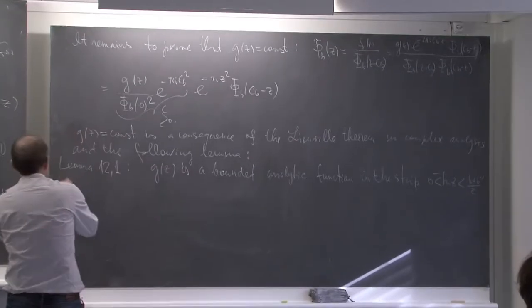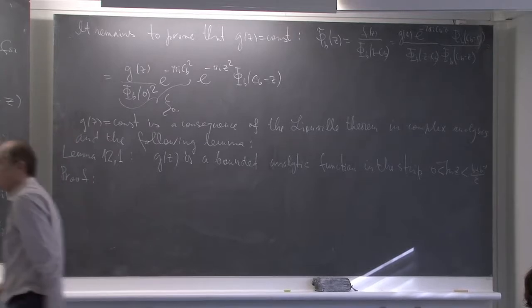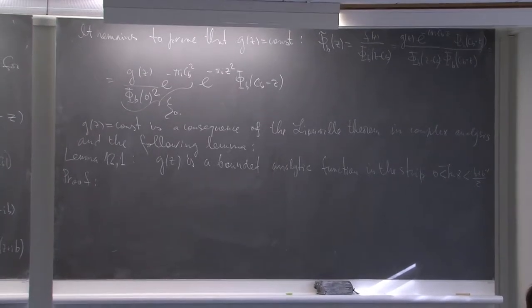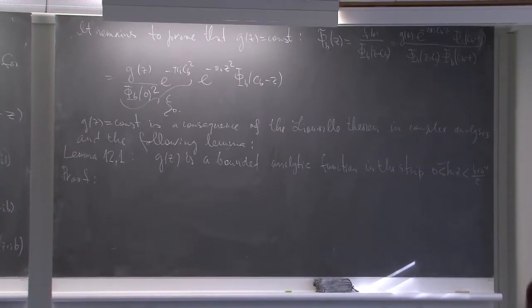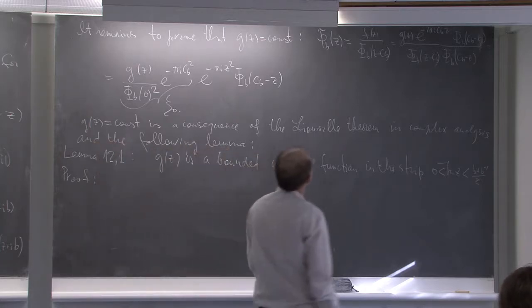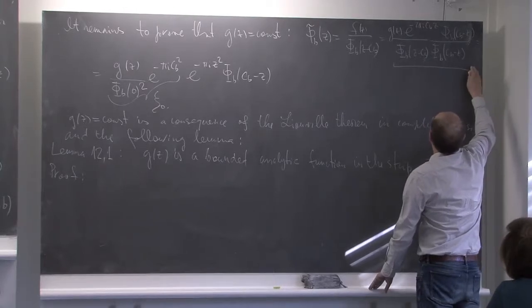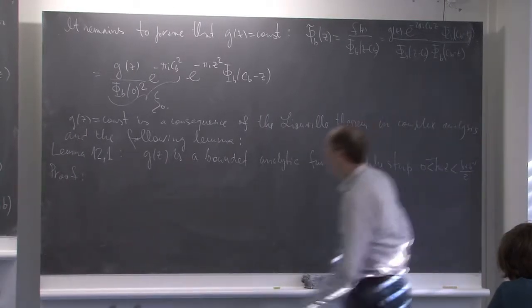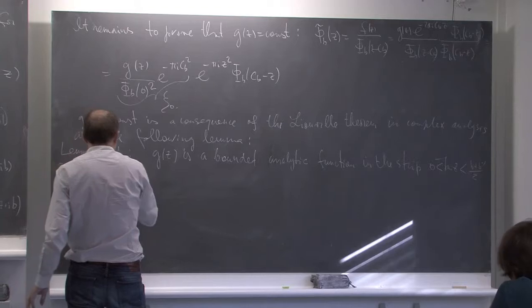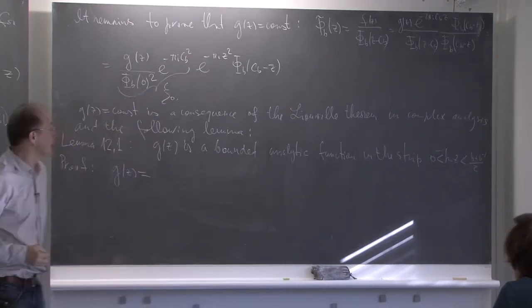Okay, so let us do this. Proof. So we have two formulas for our function. Let us write the formula again for g of z, because we are studying now the properties of g of z.